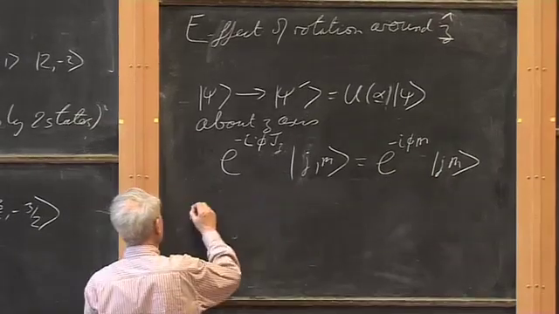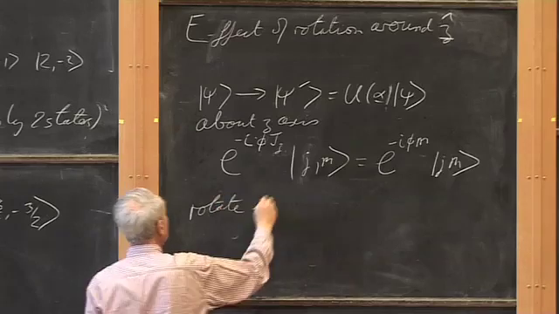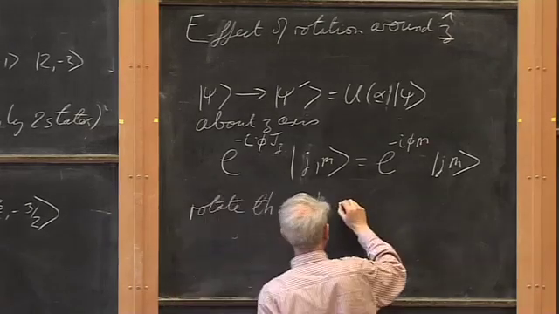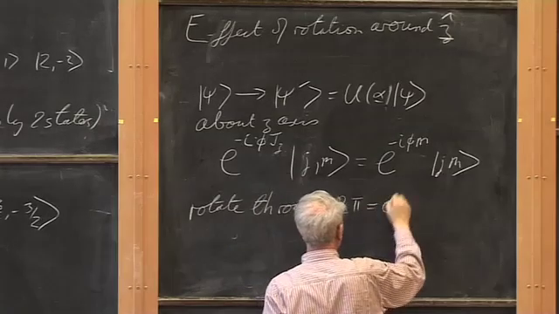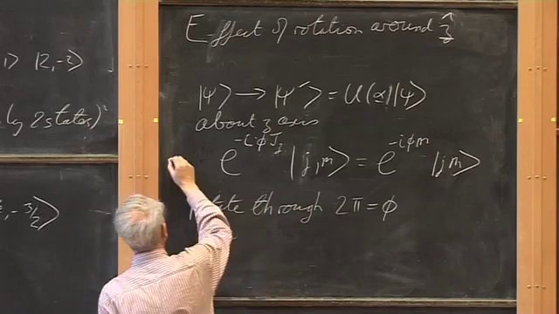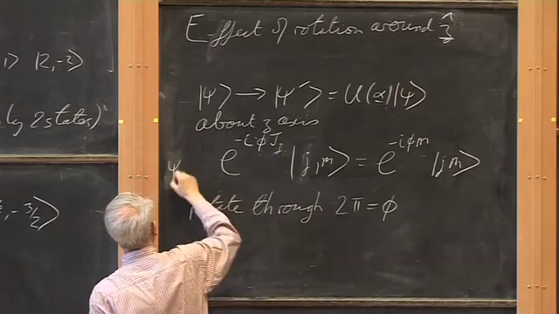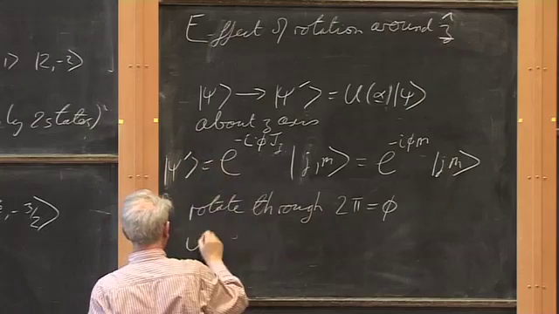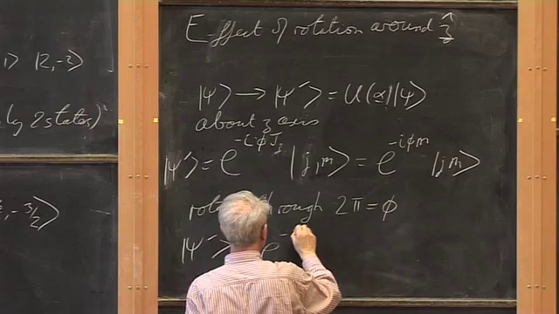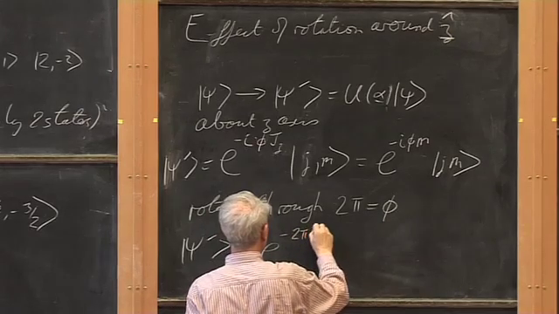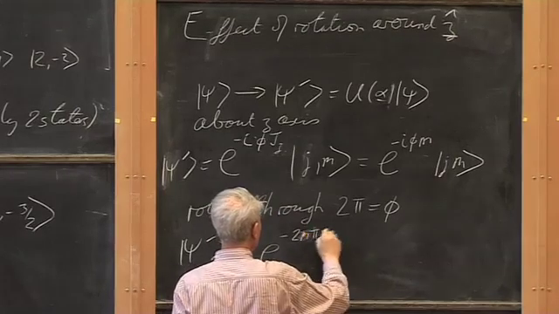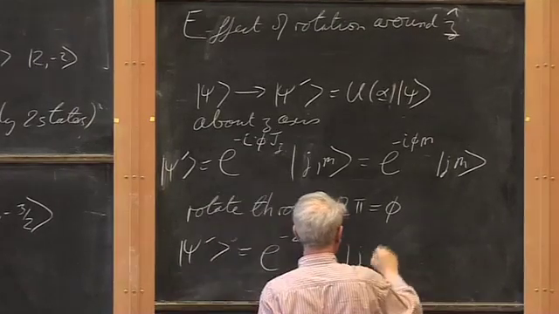Okay, so if we rotate through 2 pi, if we rotate the thing completely around, so if we put phi to 2 pi, we're going to call this psi primed, right? Psi primed is going to be e to the minus 2 pi i m times what we first thought of.